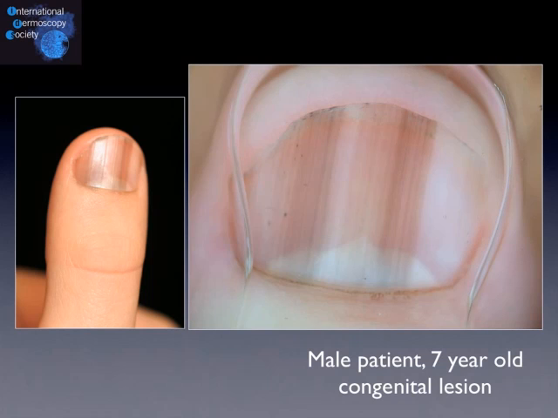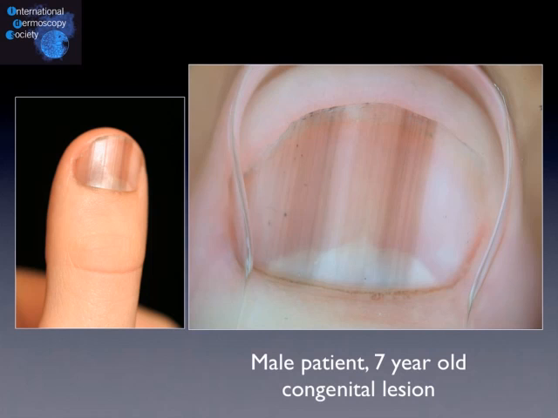This is dermoscopy, and you have a few seconds to think about it. Let's comment on this case. I must start by saying that it is a very difficult case. We can see that the color of the background is brown, indicating melanocytic hyperplasia in the nail matrix.